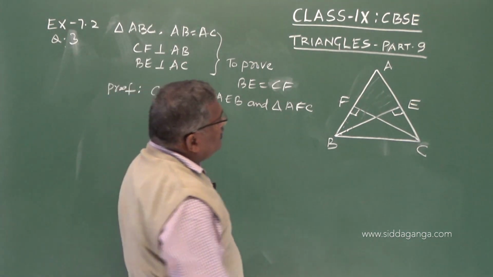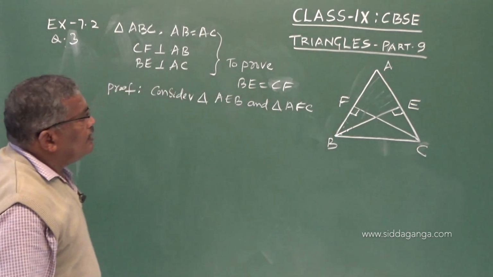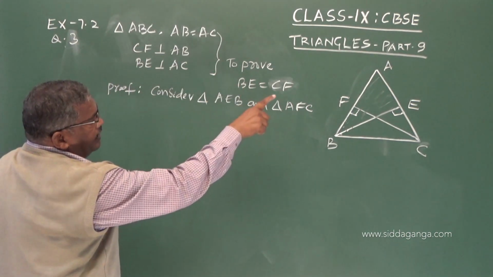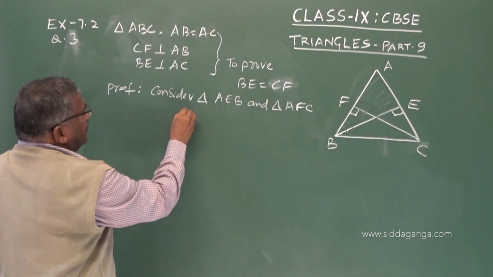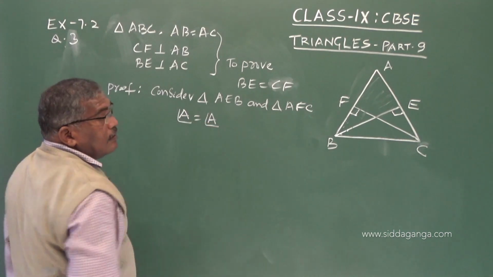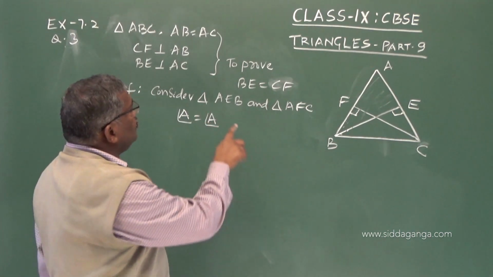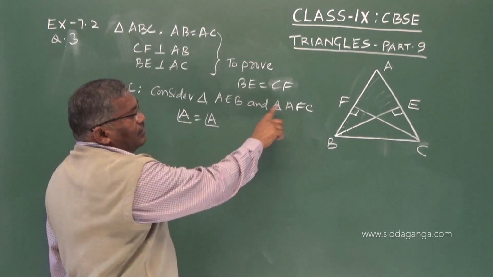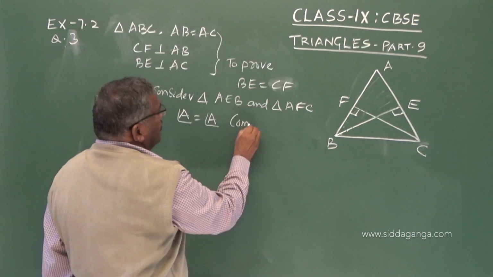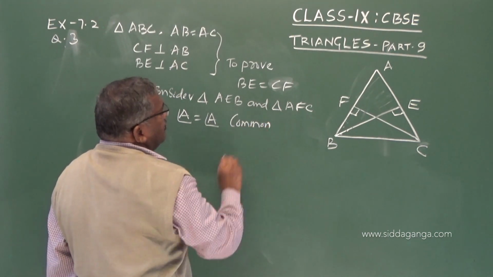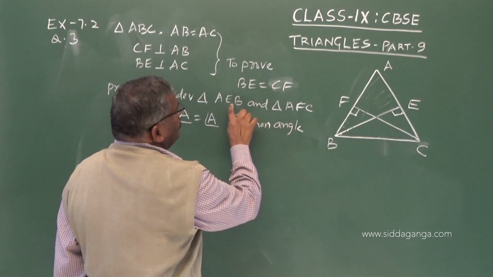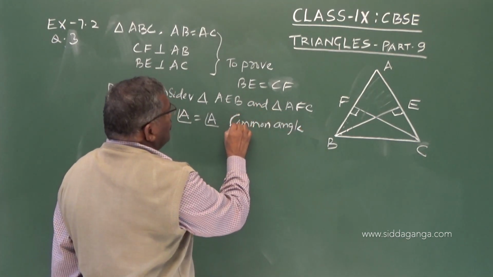Now, in these two triangles, angle A equals angle A. This angle A is there in both these two triangles. So, it is a common angle to these two triangles.